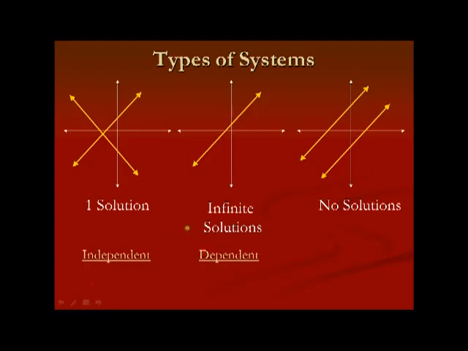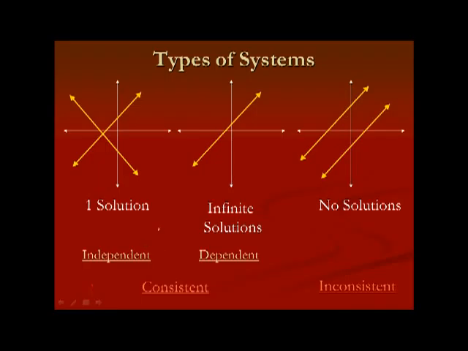So we need one of those two. If we don't have any solutions, we call that inconsistent. So consistent systems have solutions, and those are either independent or dependent, depending on if the lines are different or the same. And if we don't have any solutions because we have parallel lines, we're inconsistent.